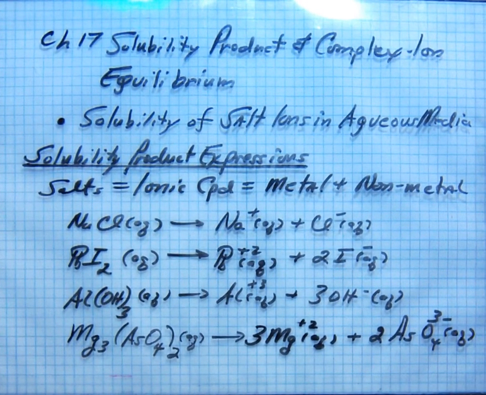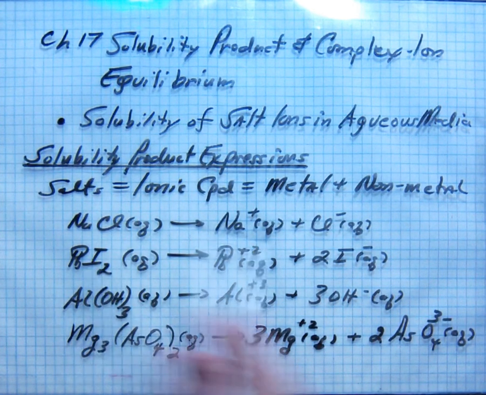In the first example here, I would assume nothing is a major visual problem for you. You know that the first metal is the cation, and then the anions are anything after the first metal.